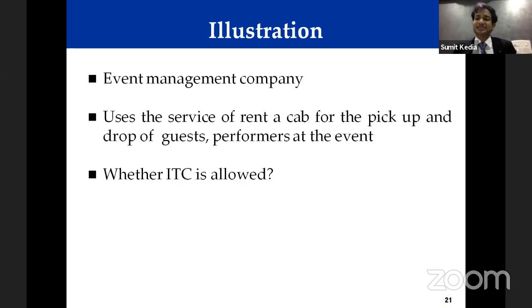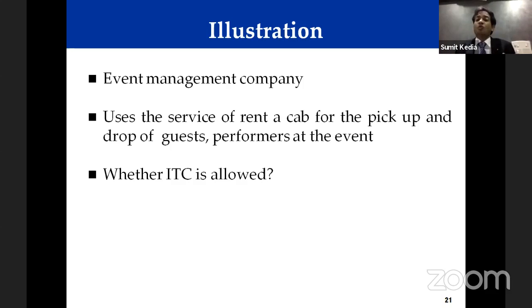So let's say I'm the event management company and I get a wholesome contract for organizing the event. For organizing that event, I might hire cab services for transportation of the company's guests, customers and dealers. So I will provide wholesome services: stay of the guest, travel of the guest, flight tickets of the guest, arranging cab for the guest, arranging the venue for the guest, food for the guest.